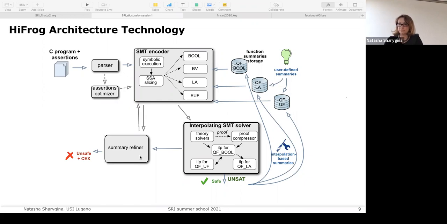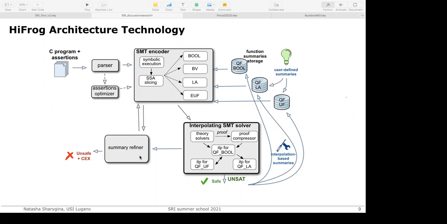But if you have SMT encoding, it's less precise, it's kind of approximative about what exactly is going on in terms of the computation. So it's less precise, but it can be much more efficient to solve for a number of reasons.